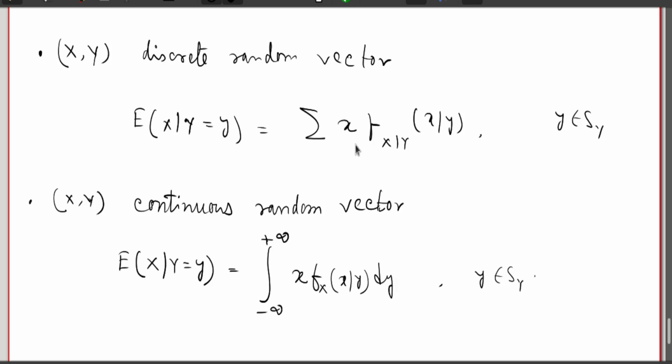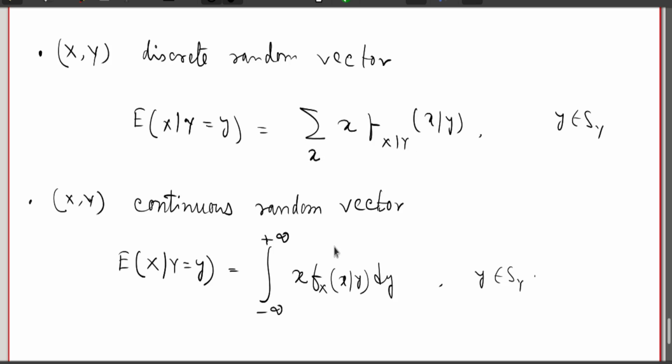Now notice that when I do the sum with respect to x over the appropriate support, this quantity is a function of y. If I change y, this quantity will change. But when I take the sum over x, x will go away, only y will be there.